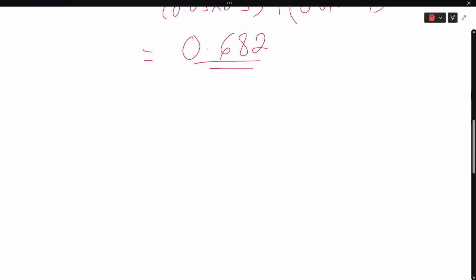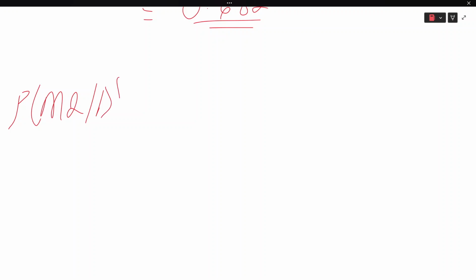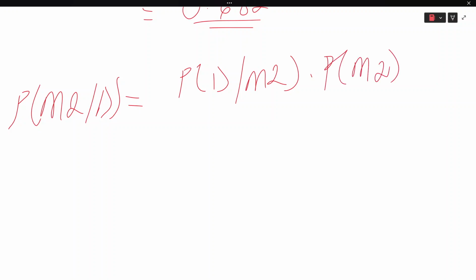Also, for machine 2, from that perspective, we have to reverse it. That's what we know, we already know it, the probability, divided by our total, that's our total probability of defective.